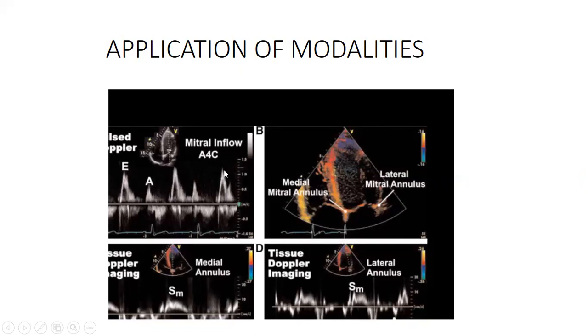But if you see the velocities are coming up beyond the maximum velocity here, it means the pulsed wave has measured the maximum velocity it can, but it will tell you there are more velocities here.